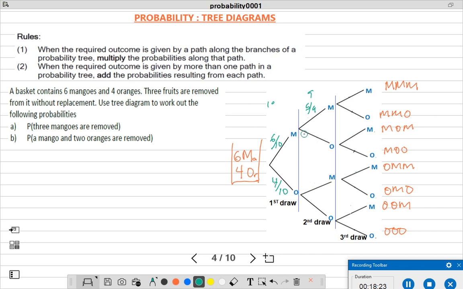Now if the first one was a mango and the second one is orange, that means you will still have 4 oranges here, but out of 9 because one fruit was removed.